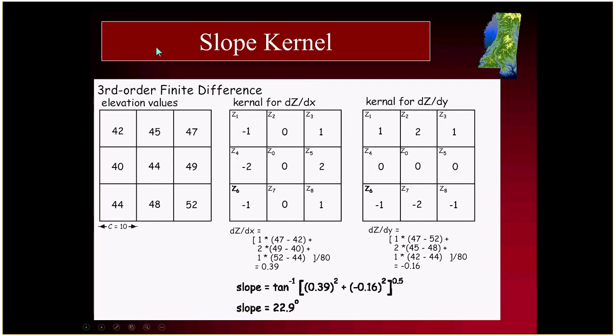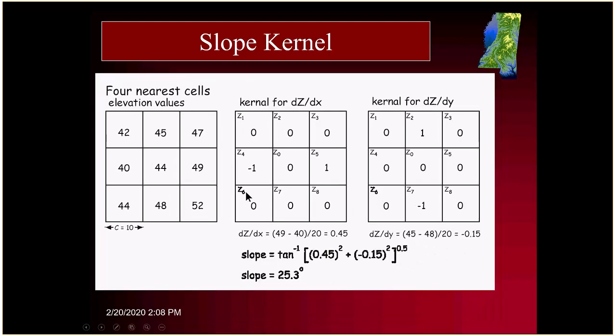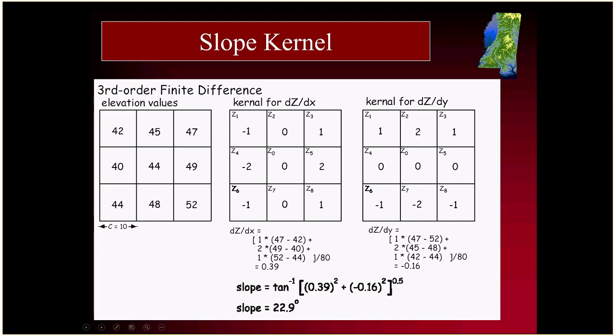Okay. But researchers have studied this and found that the third order finite difference is more often accurate. However, what's the trade-off between these two methods? Which one uses more neighbors?